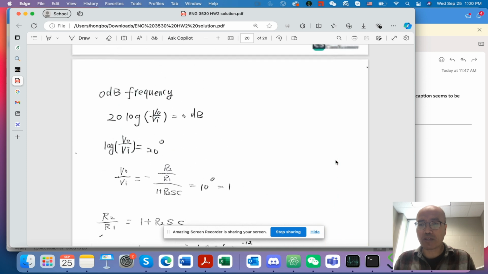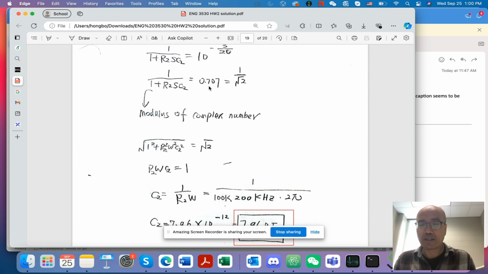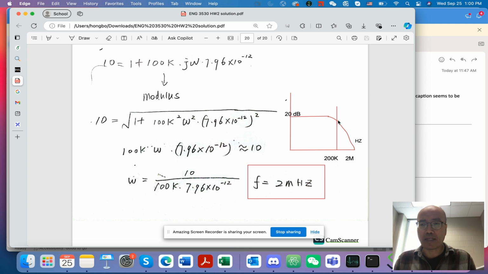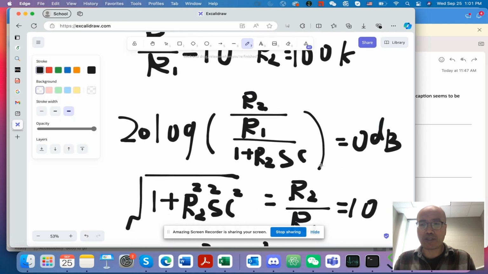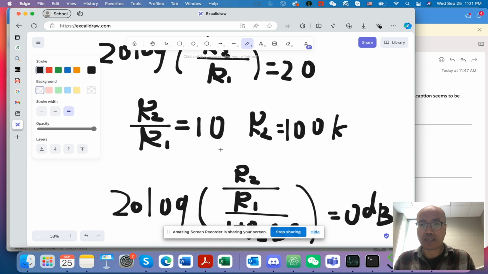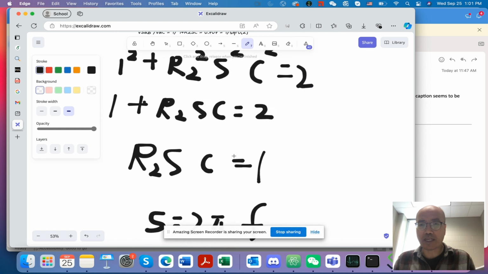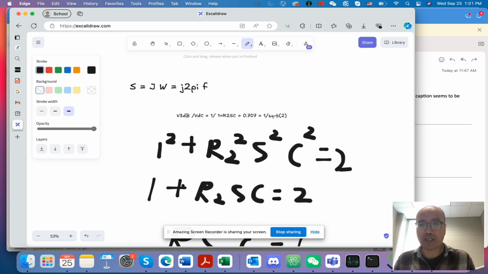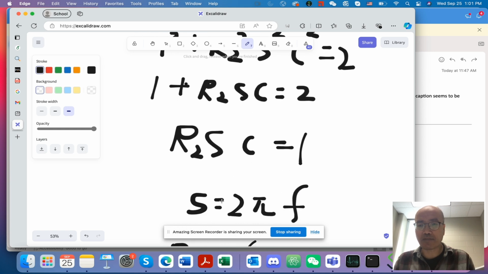Based on the 3 dB equation, which is this voltage gain, V3 dB divided by VDC is 1 divided by 1 plus R2 and C, and based on this formula equal to square root of 2, you can calculate the C there. Then, based on the 0 dB frequency equation, you can calculate F for the 0 dB frequency.